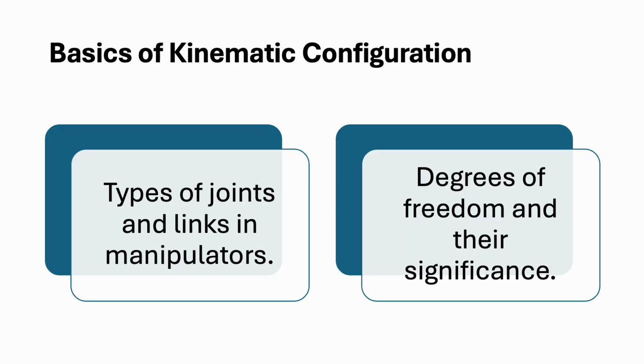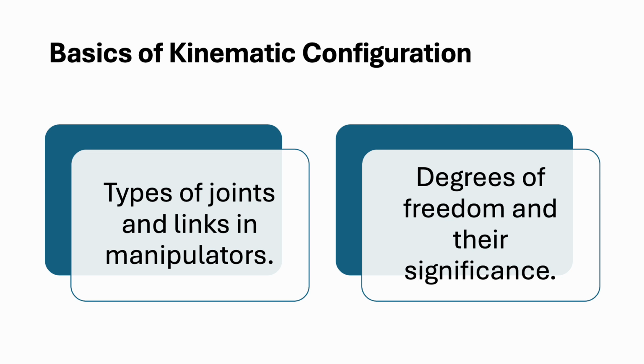The basics of kinematic configuration, the types of joints and links in manipulators, degrees of freedom and their significance. Let's look into this with an example. Kinematic configuration is fundamental to the design and functionality of robotic manipulators as it defines the structure and motion capabilities of the robot.